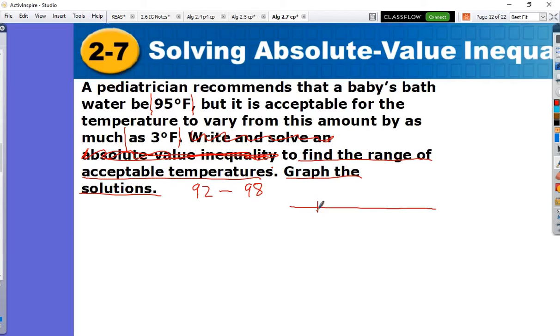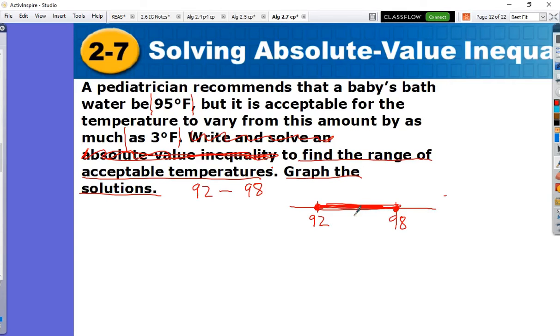We're going to go 92, and then 98, and to show everything in between, it can equal 92, it can equal 98, and then we'd have everything in the middle. All those are acceptable.